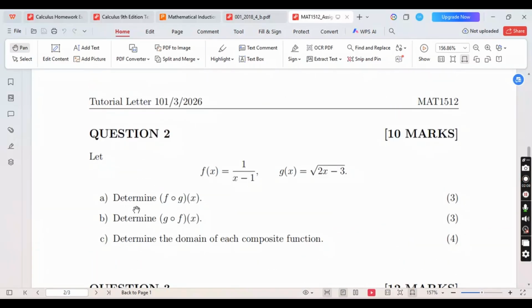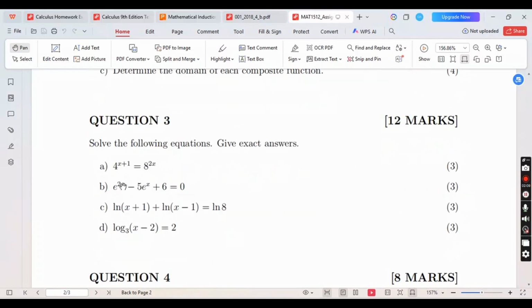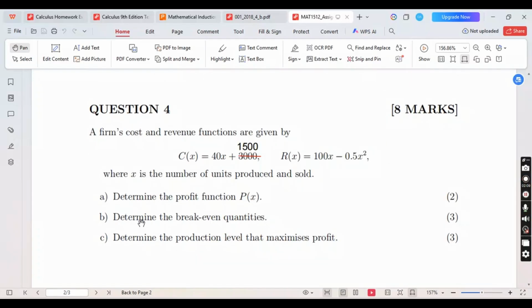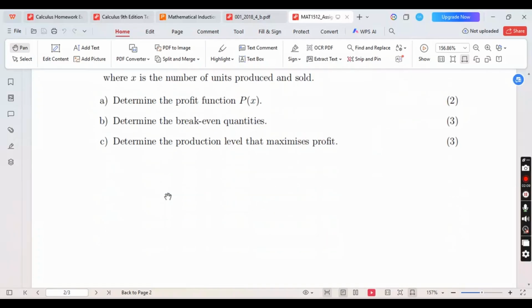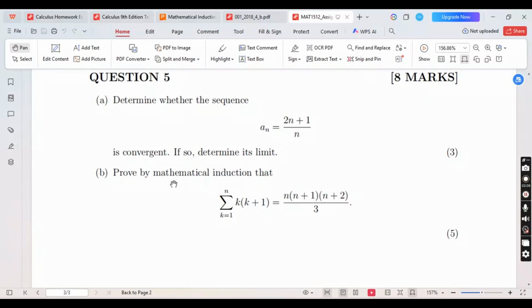For number two, you should be able to do the whole A, B, and C. Question 3, you should be able to do A, B, C, and D. Question 4, the only thing that I can see is A. Question 5, I think you'll be able to do B.